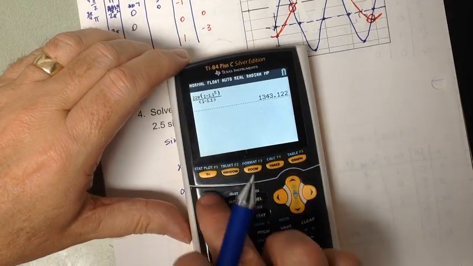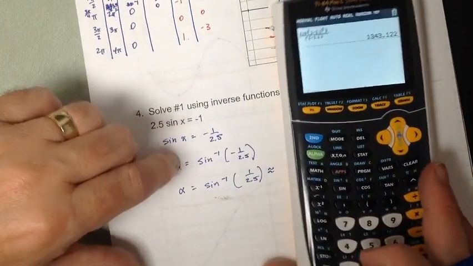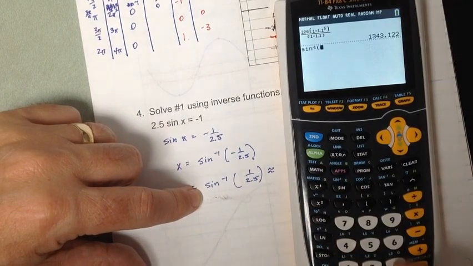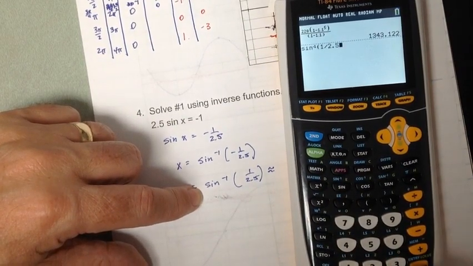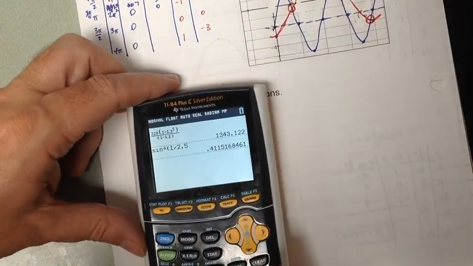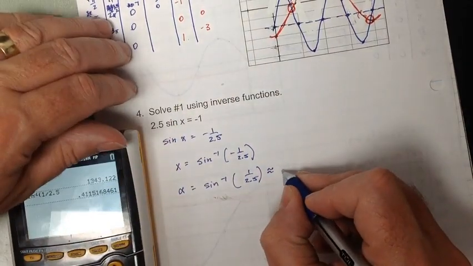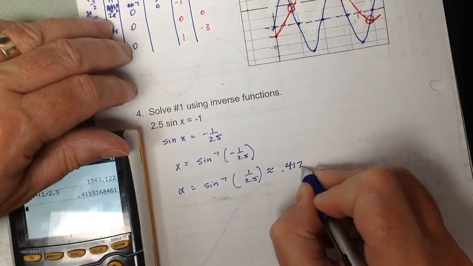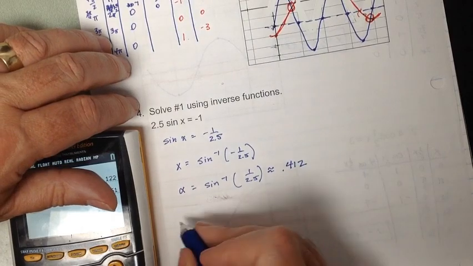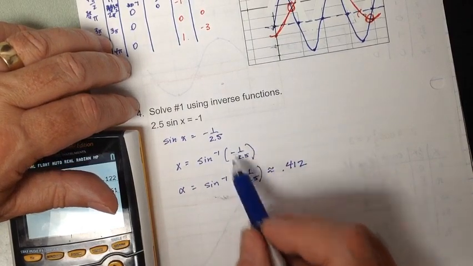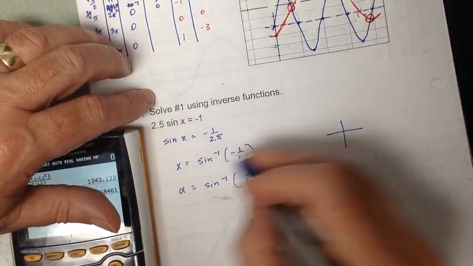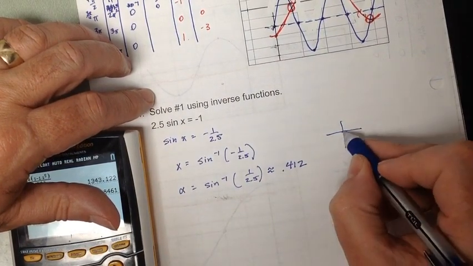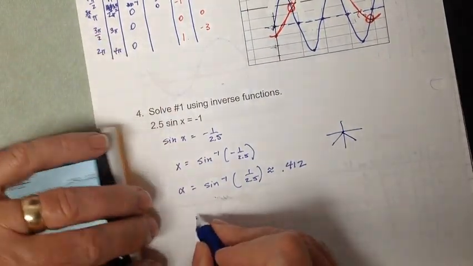Go to my home screen. Second mode will always take you to the home screen. Inverse sine of 1 divided by 2.5, and I'm getting 0.412. All right. So x then, I want a negative value for sine. We're in sine, and so we're talking about third and fourth quadrants.